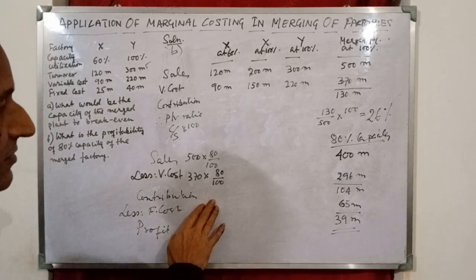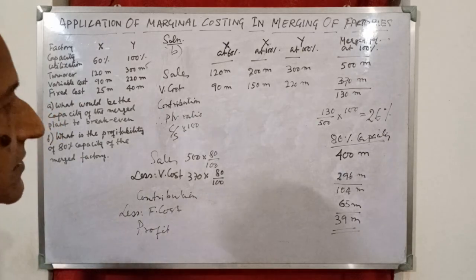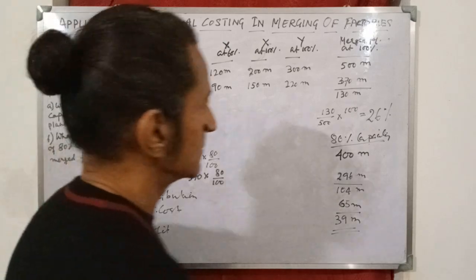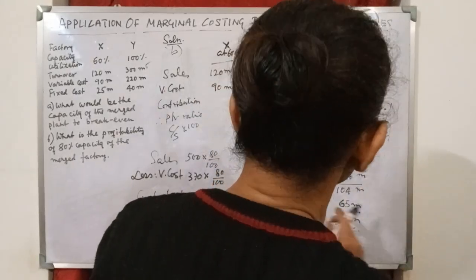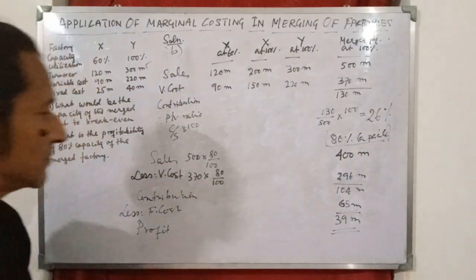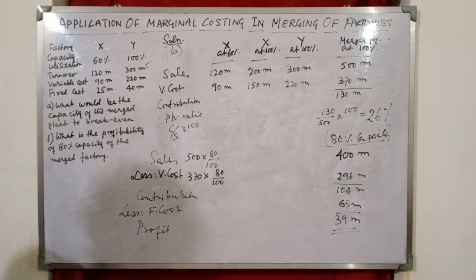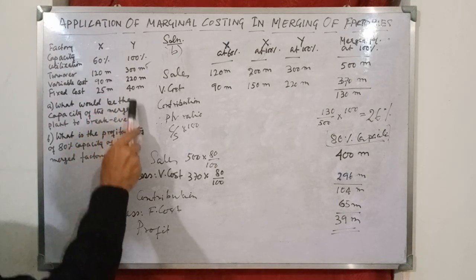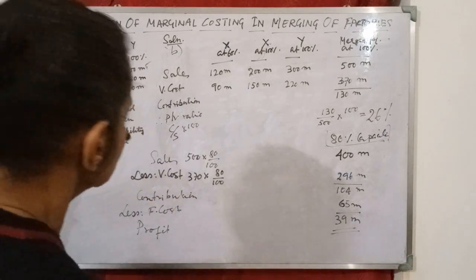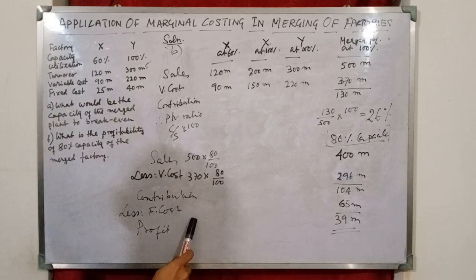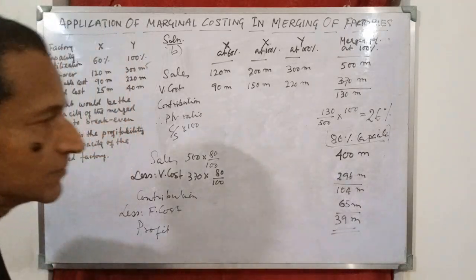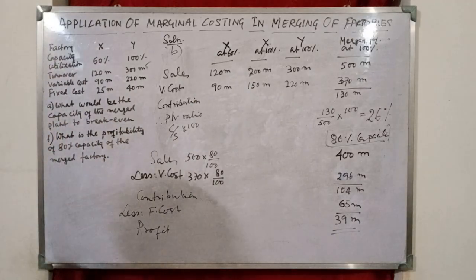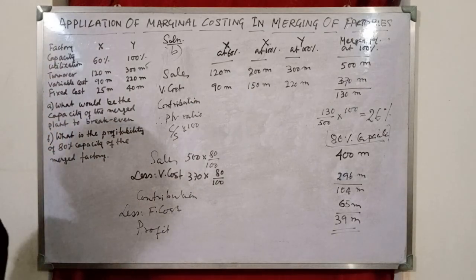So contribution of the merged plant at 80% capacity is 104 million, and fixed cost remains fixed, that is 25 plus 40, that is 65 million. So we deduct fixed cost from contribution to arrive at profit, which is 39 million. Okay?